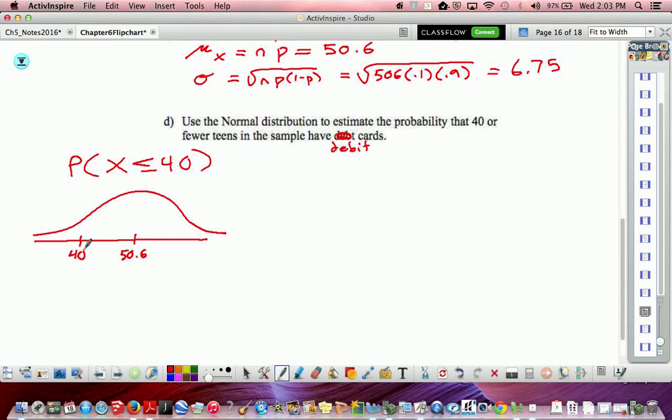So I'm going to put 40 here. I'm looking for this area right there. Normal curve, looking for an area. I want a z-score: your score minus the mean divided by the standard deviation. So, my score, 40. The mean was 50.6. The standard deviation, 6.75.